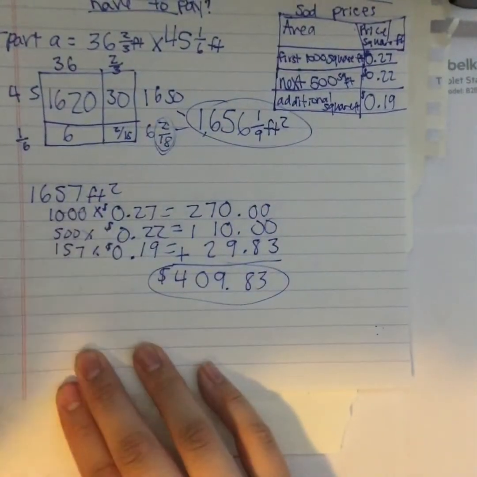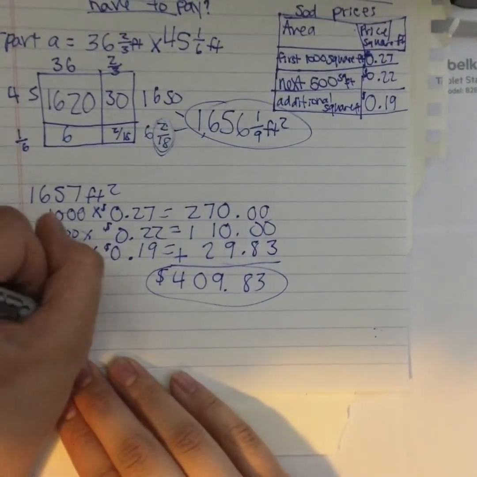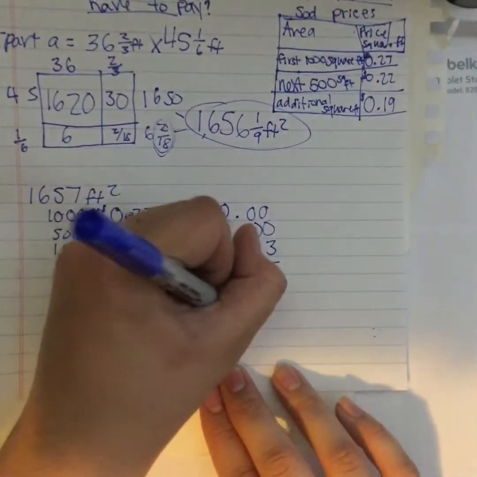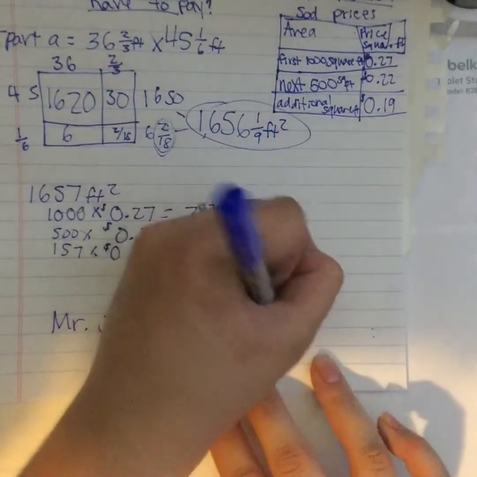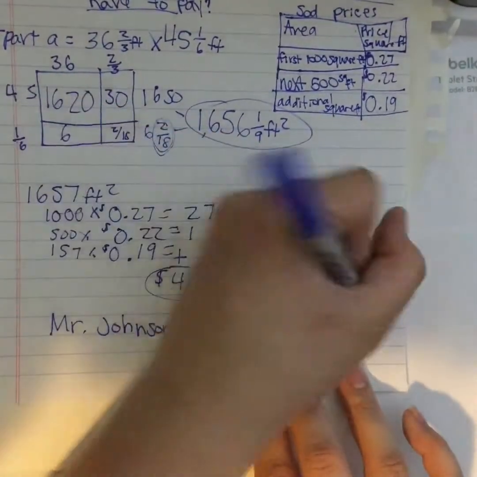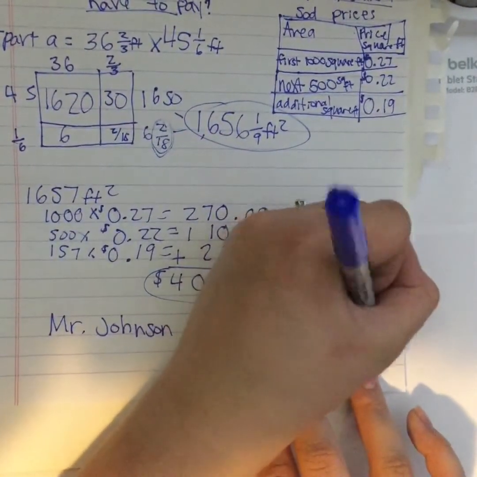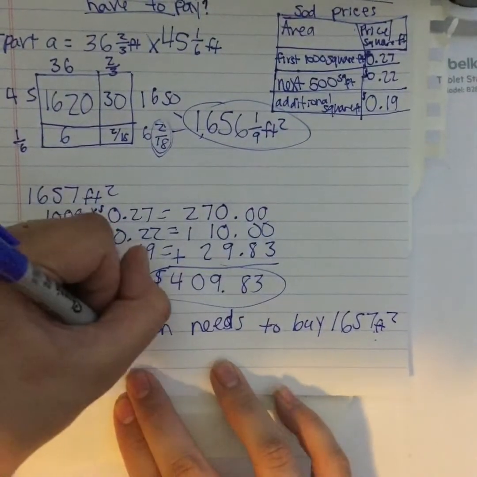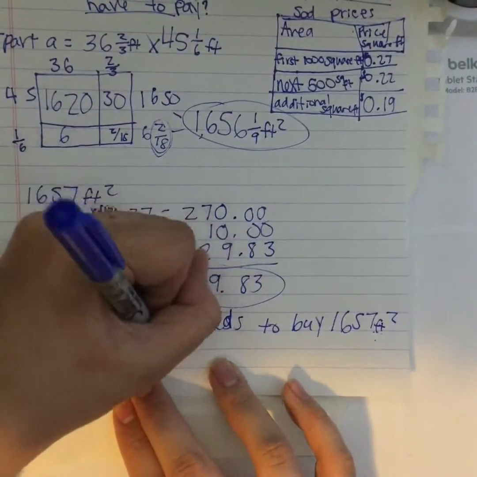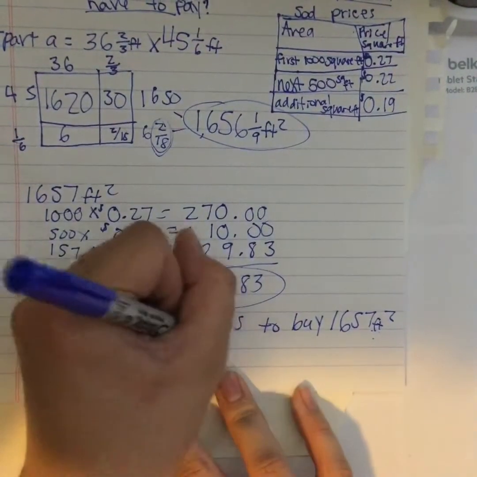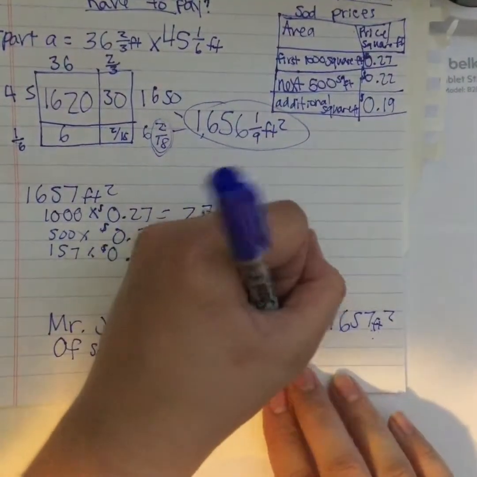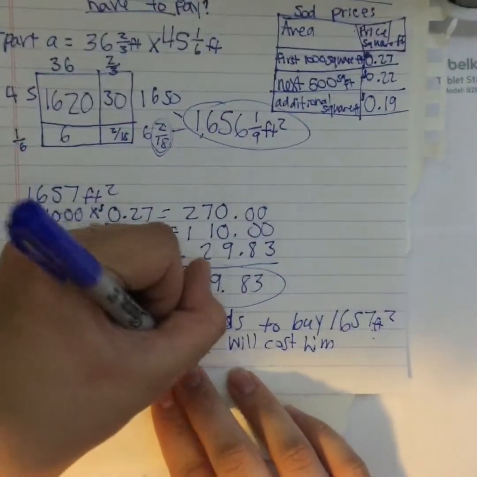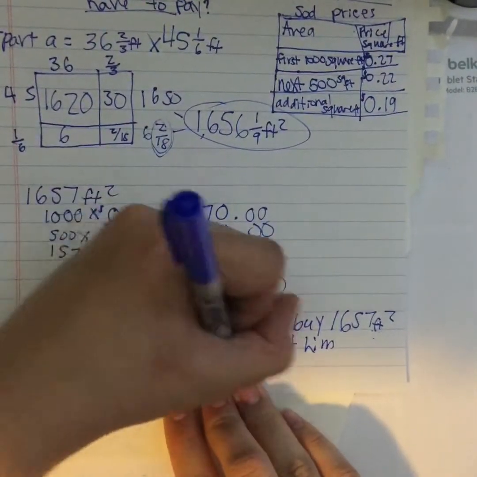So we can say, or with a sentence. Mr. Johnson needs to buy 1,657 feet squared of sod, and it will cost him $409.83.